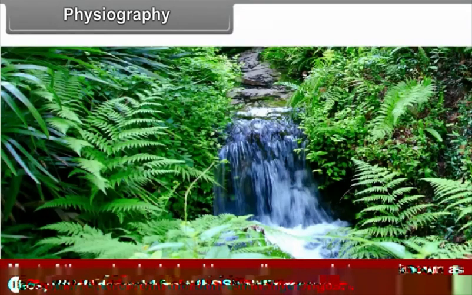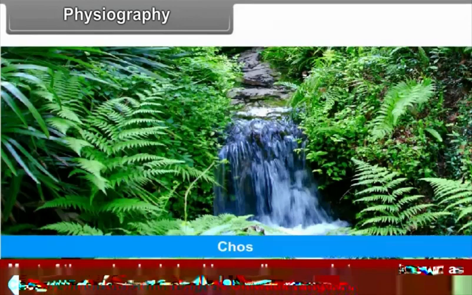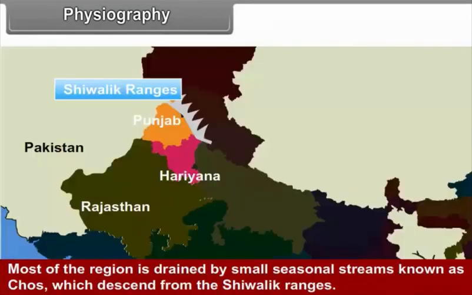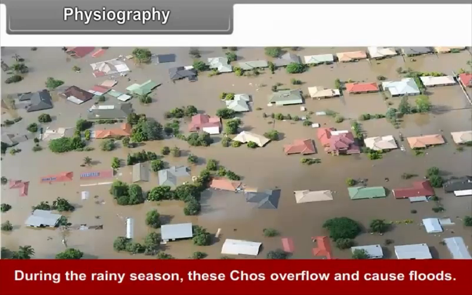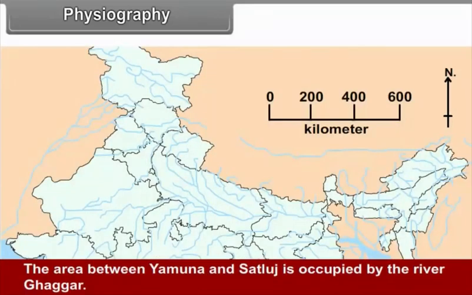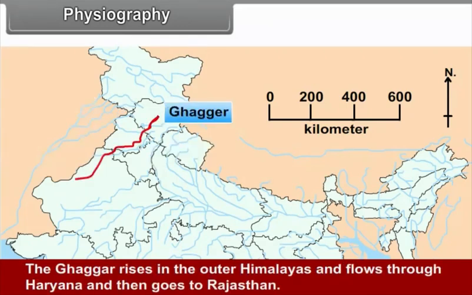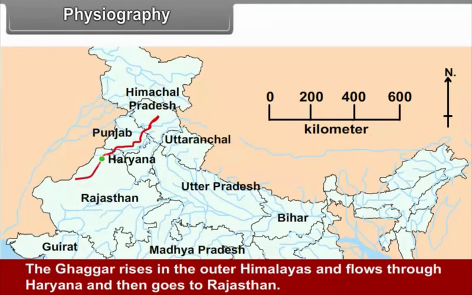Most of the region is drained by small seasonal streams known as chos, which descend from the Shivalik ranges. During the rainy season, these chos overflow and cause floods. The area between Yamuna and Satluj is occupied by the river Ghaggar. The Ghaggar rises in the outer Himalayas and flows through Haryana and then goes to Rajasthan.